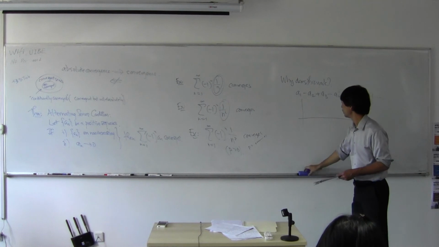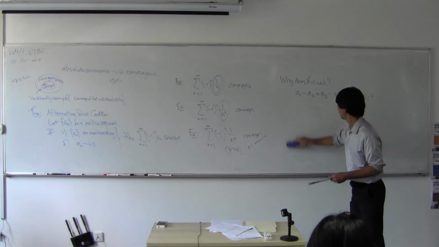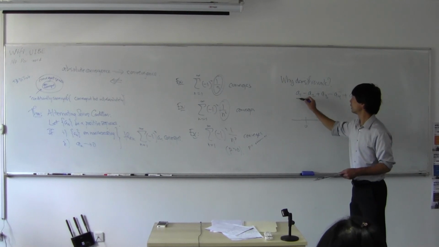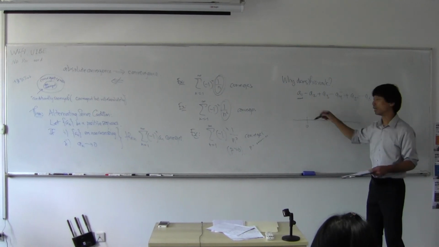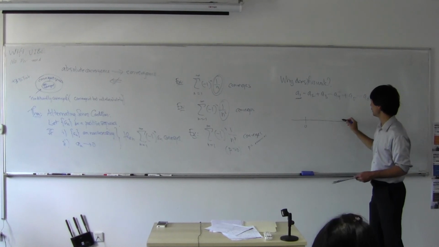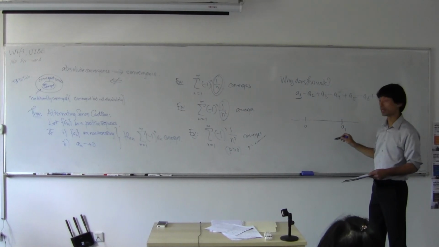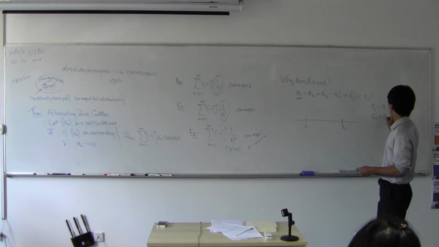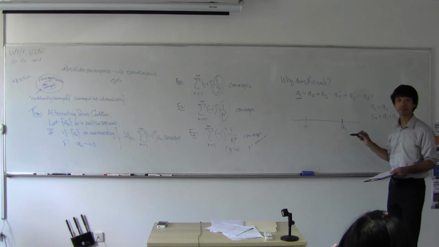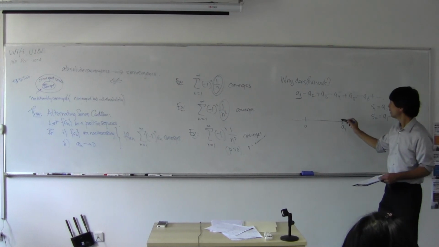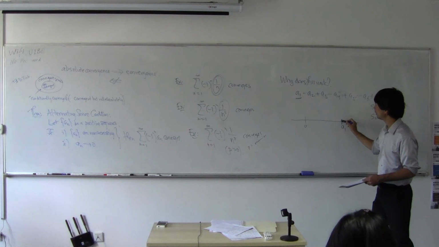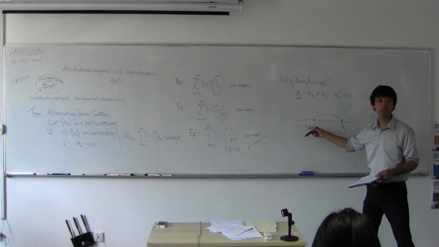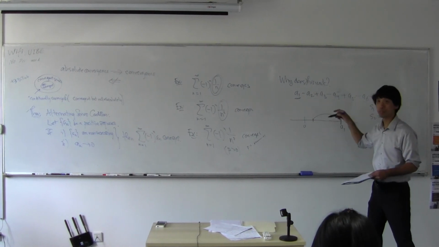Okay, so if we take the partial sum, let's say that this is 0, and we're going to add on A1. So the first partial sum S1 is A1. S2 is A1 minus A2, which is going to bring me back, but it's not going to get me all the way to 0, because these are decreasing terms.